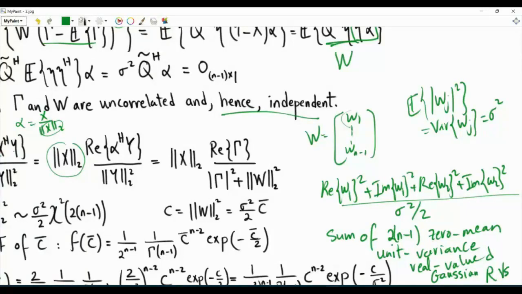We have n-1 random variables, each with a real part and imaginary part. And so this distribution is a chi-square distribution with 2 times (n-1) degrees of freedom.